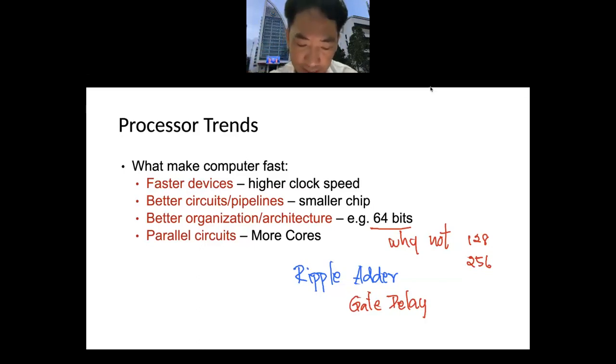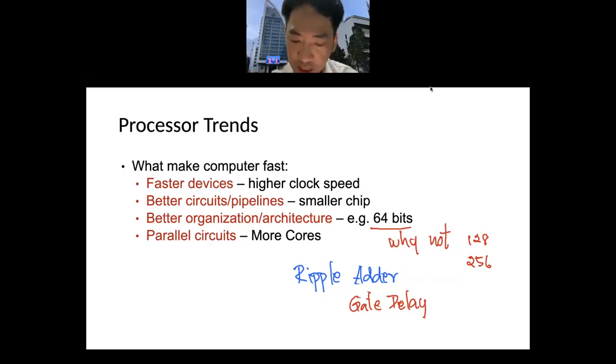That is the gate delay. And in chapter 3, we will see that the longer or bigger the data, the longer the gate delay of the ripple adder is.